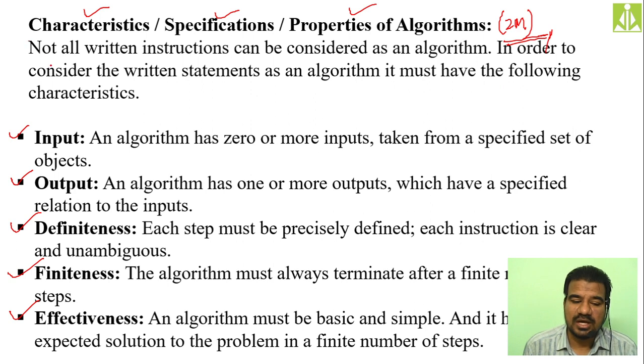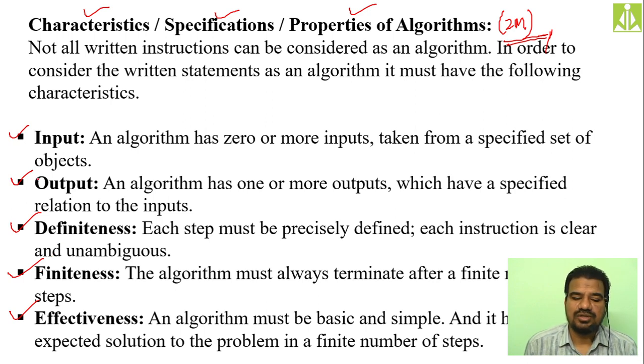That's what I am saying here: not all written instructions can be considered an algorithm. In order to consider the written statements as an algorithm, it must have the following characteristics: input, output, definiteness, finiteness, and effectiveness.